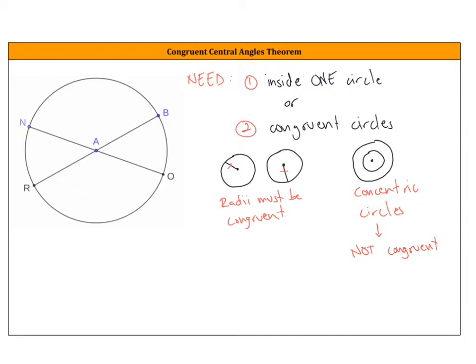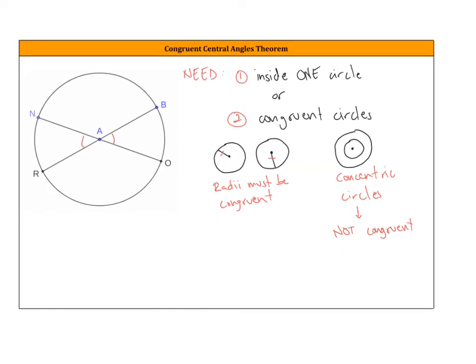So because of this, if we have congruent angles, so if angle BAO is congruent to angle RAN, then what I'm allowed to assume is that their related arcs are also congruent.